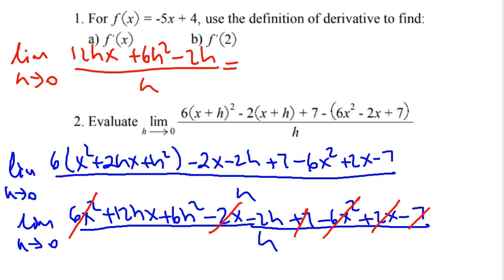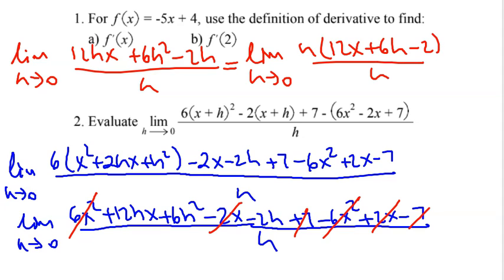As you can see, the greatest common factor is h for this expression. If I factor out h, we get 12x plus 6h minus 2, over h. Then these two h's are going to be gone, and if you substitute 0, we're left with 12x minus 2. That is the answer, and that is the derivative of this original function.